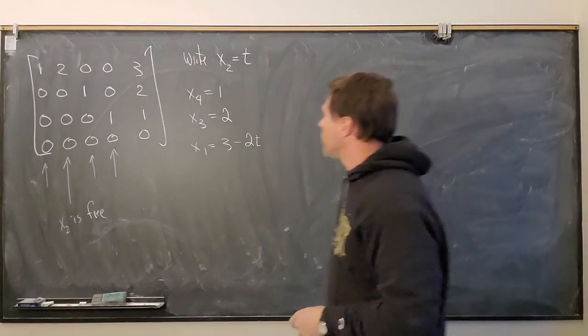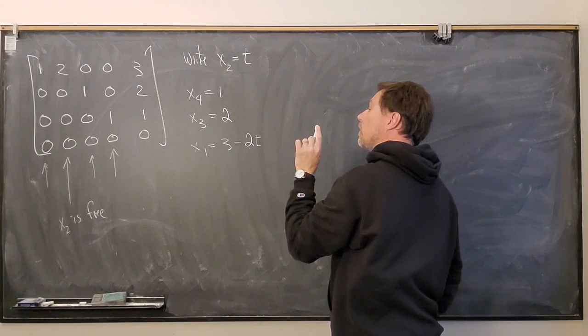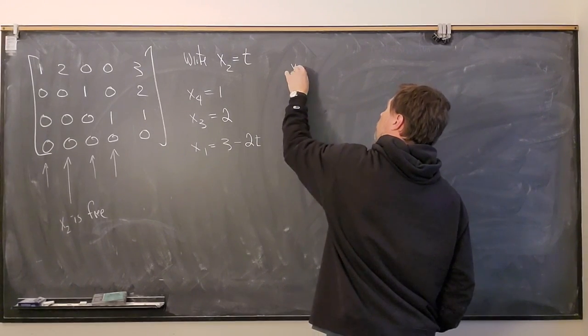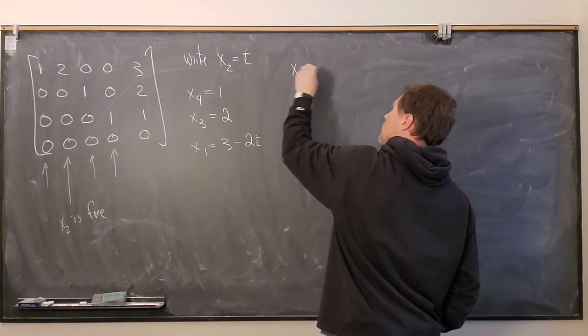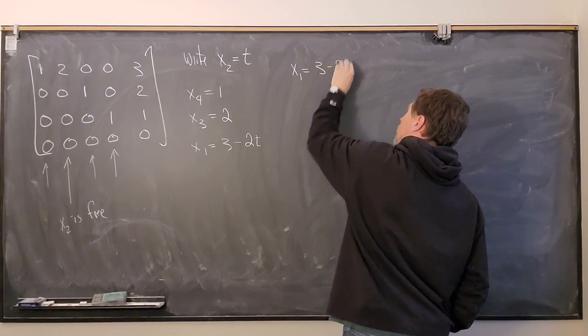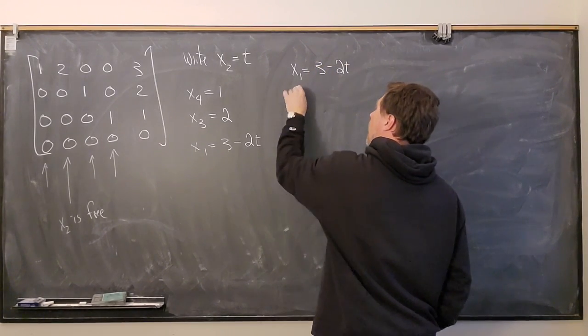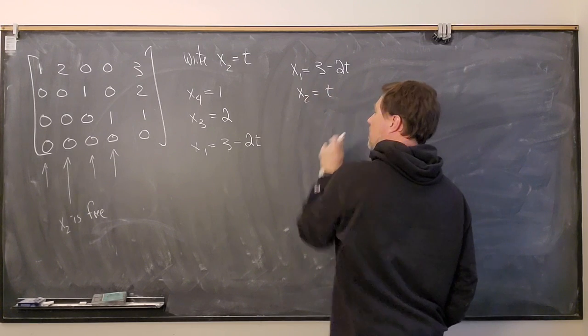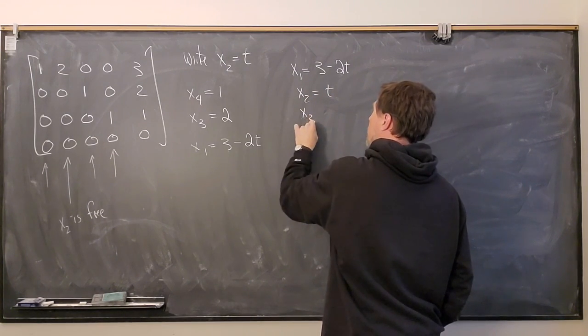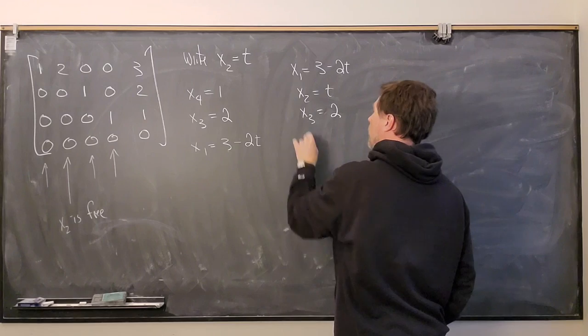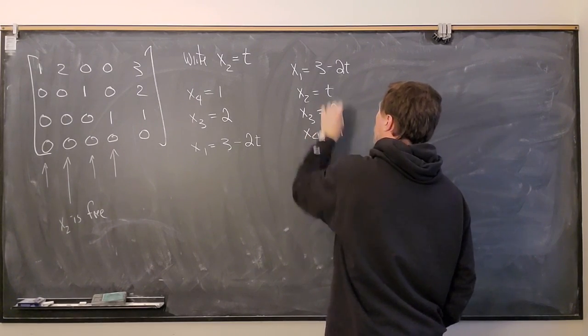So now let me rewrite my solution. x1 equals 3 minus 2t. x2 equals t. x3 equals 2. And x4 equals 1.